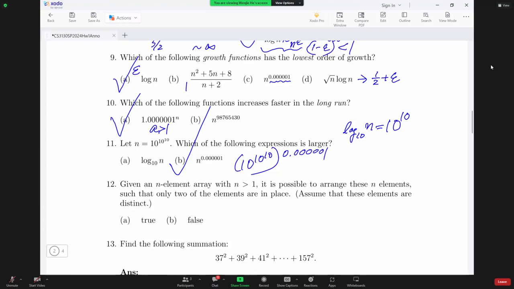Now we apply a property, an exponent of another exponent. 10, its exponent 10 to the 10th, multiply 0.00001. This is actually 10 to the negative 6.